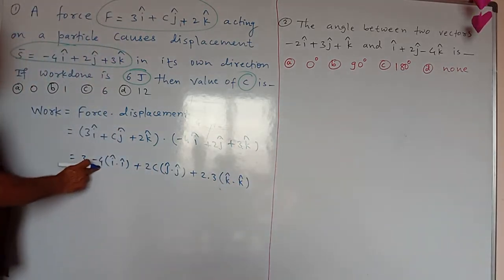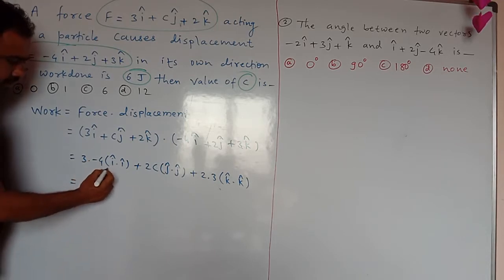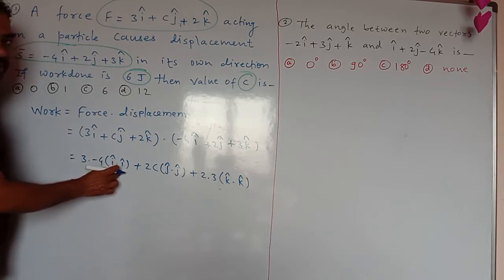Now 3 into minus 4 becomes minus 12, times i cap dot i cap.